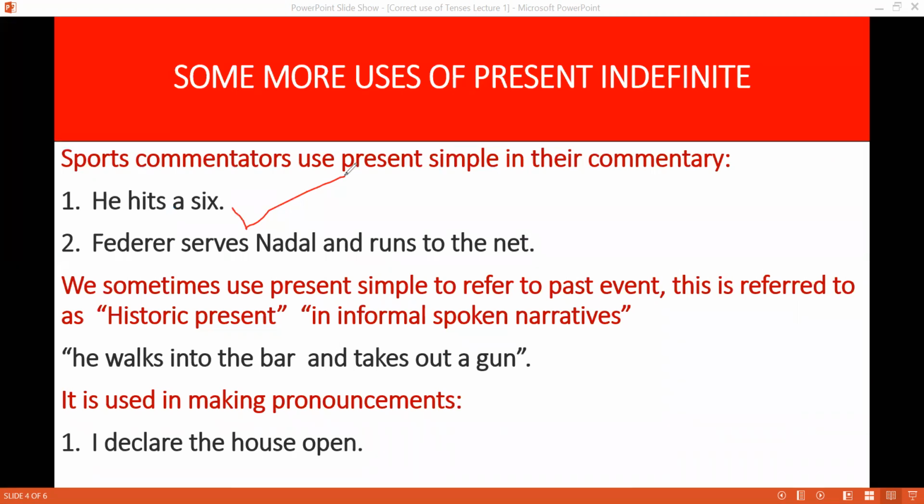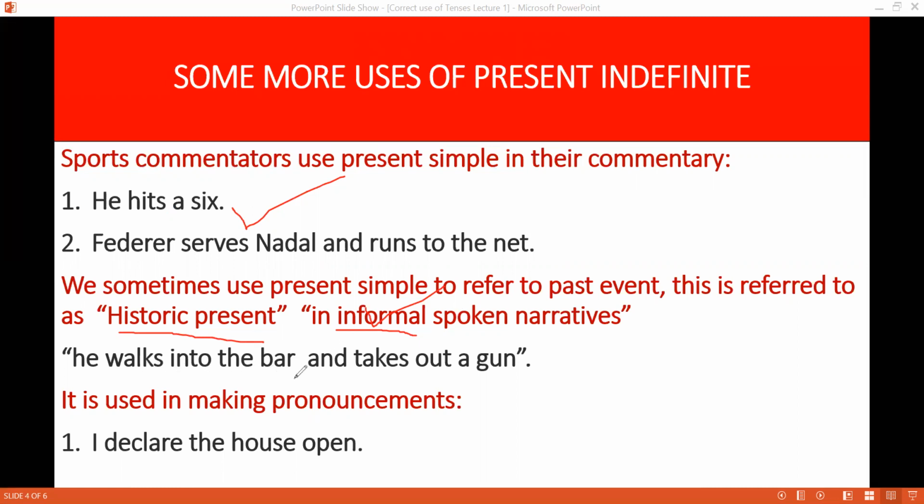We sometimes use present simple to refer to past events, that is referred to as historic present. We say usage of present for the past event, a historic present, and we use it in informal spoken narratives when we are narrating some incident, some event informally. It has no formal usage.